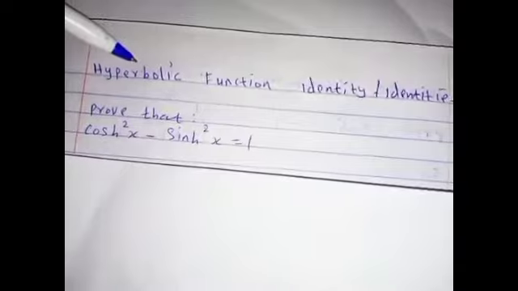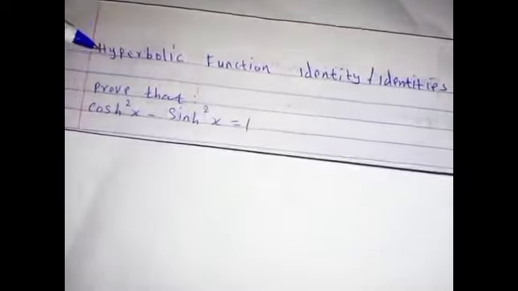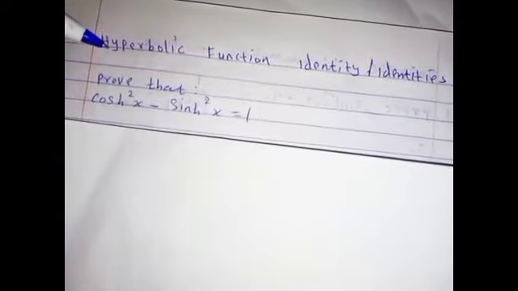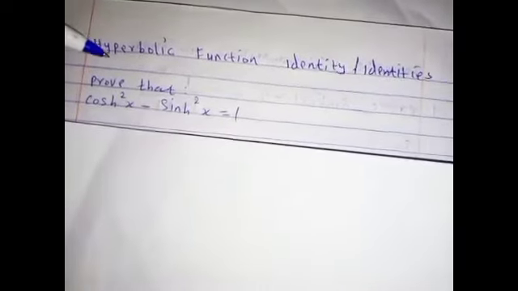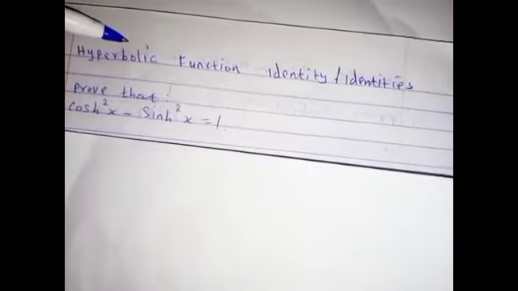Hi, my fellow mathematician. Welcome to Calculus Basics, or Calculus Foundation. We are looking at a hyperbolic function, and we want to look at the derivative of a hyperbolic inverse function.